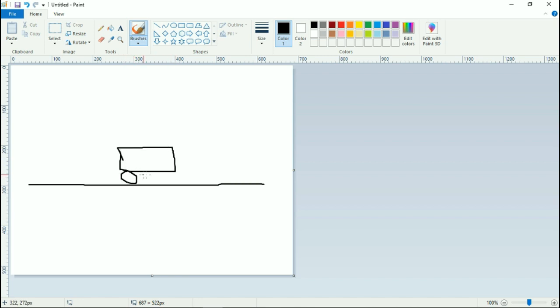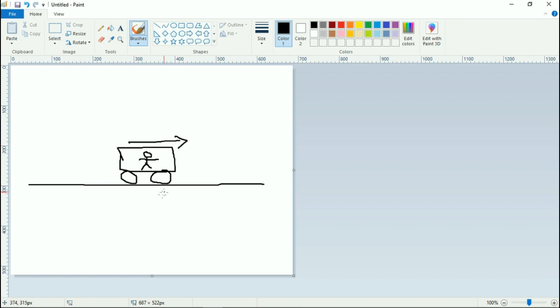And there's a person in the car, and the car is moving this way.